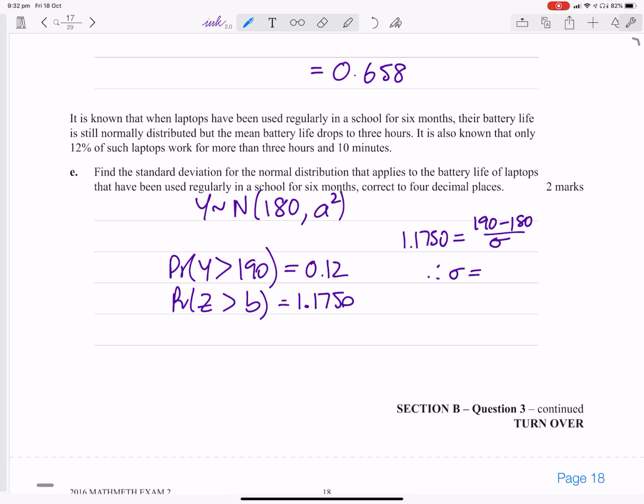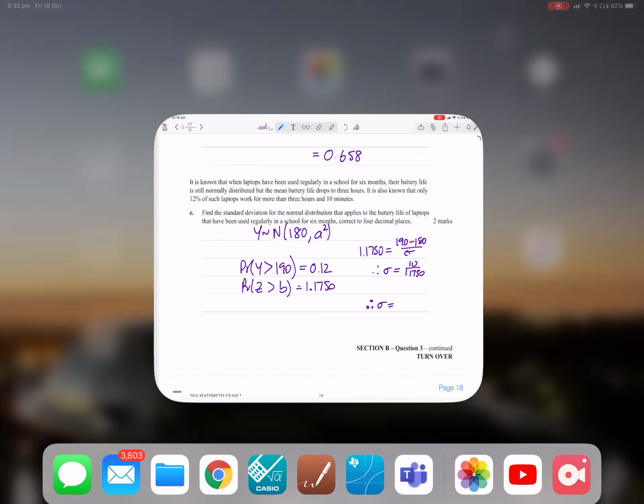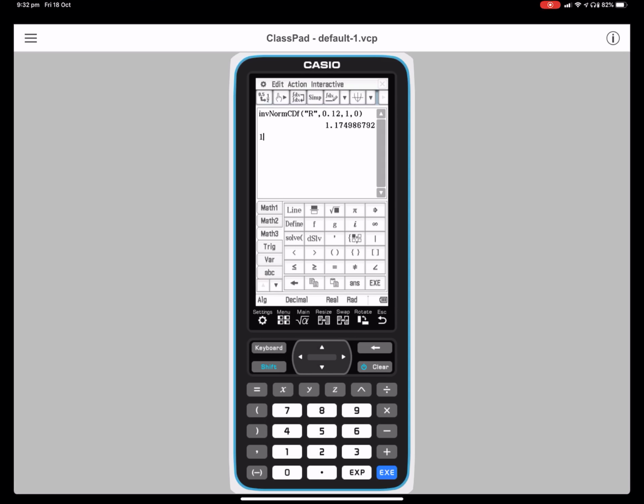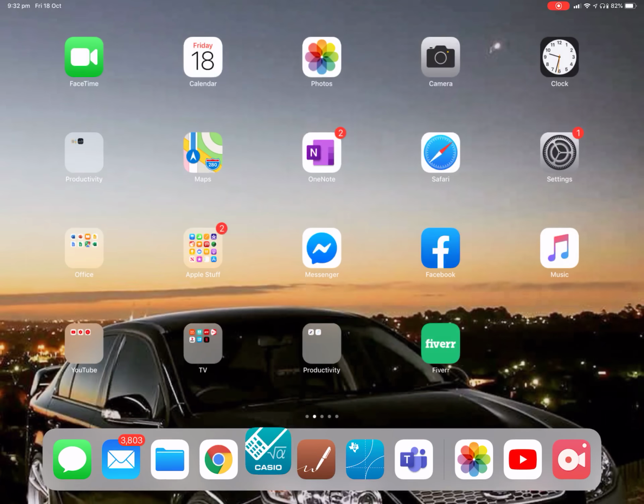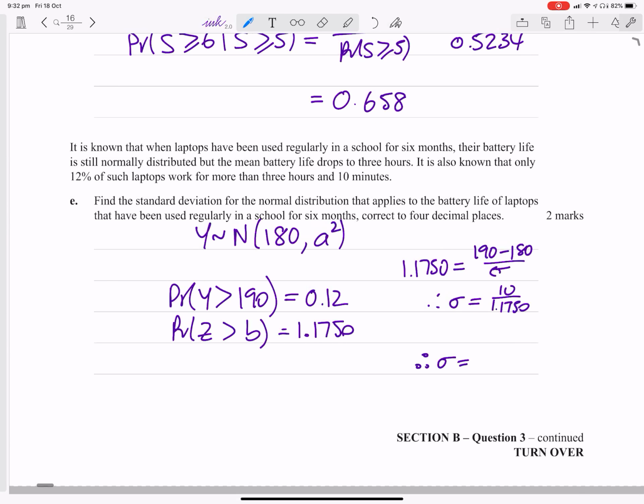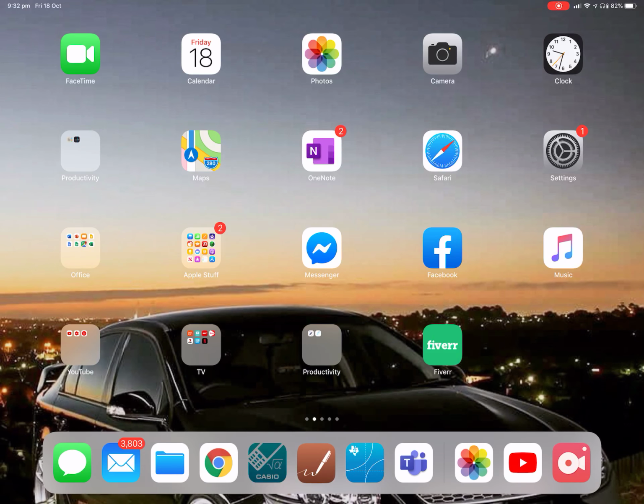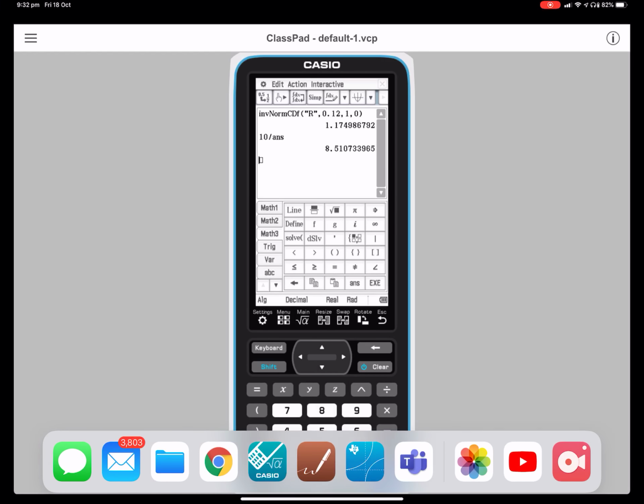Sigma is equal to 10 on 1.1750, so therefore sigma equals 10 divided by our answer, 8.5107 to 4 decimal places.